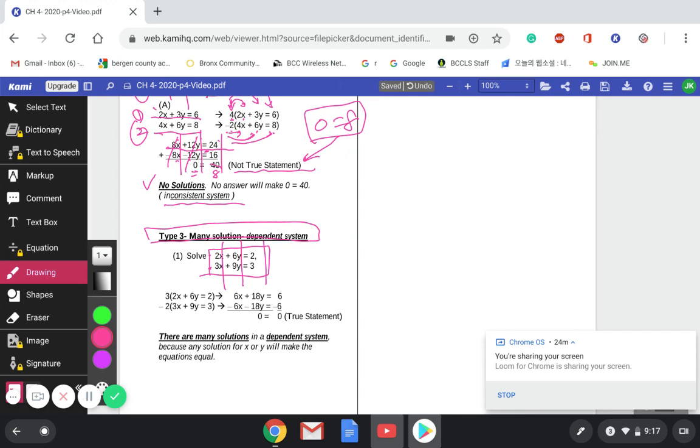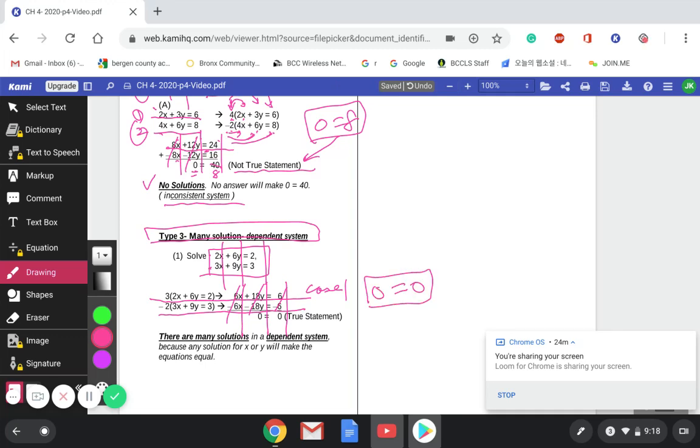So multiply 3 with the first equation, negative 2 with the second equation. When you do the column addition, after you convert them into case 1, x disappears, y disappears, and the number even becomes 0. So you end up with 0 equals 0.